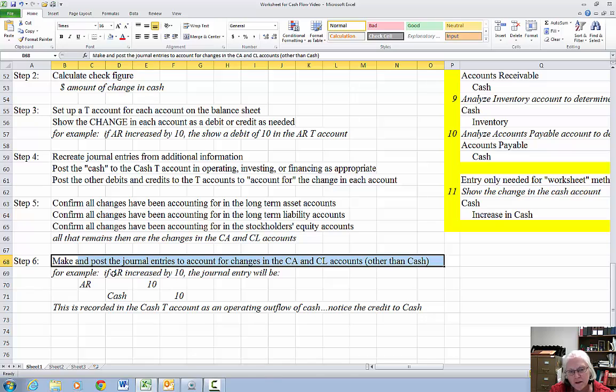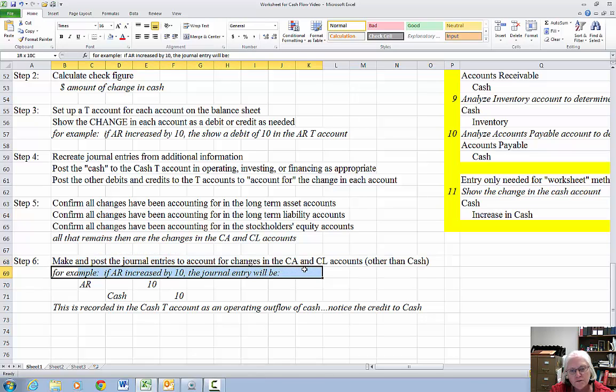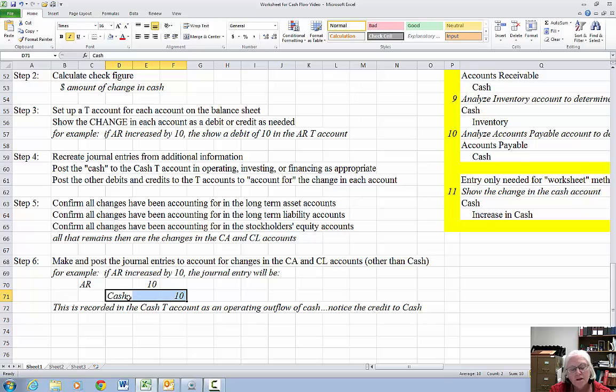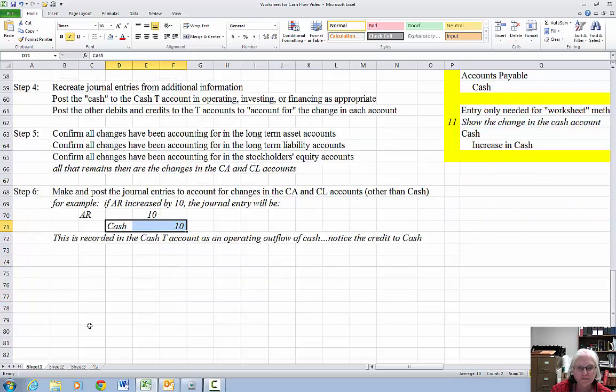So we'll go back to our accounts receivable. If our accounts receivable increased by 10, we're going to debit accounts receivable for 10 and credit cash for 10. So whatever you need in the current account will be what you put there, whether it's a debit or credit. And then the opposite piece of the journal entry will be the cash account for the same amount. If you credit cash, that is an outflow on the cash piece up in the operating section. If you ended up debiting cash, that's an inflow of cash.